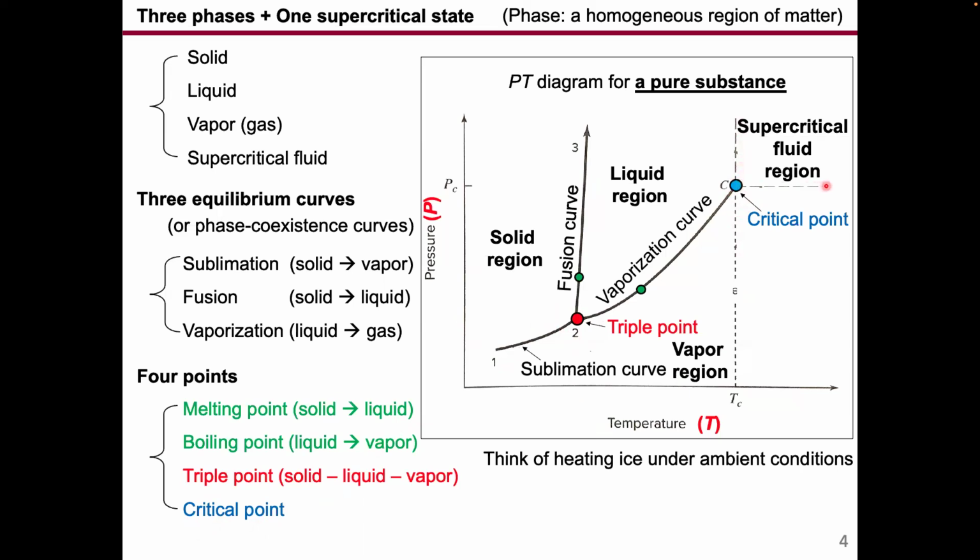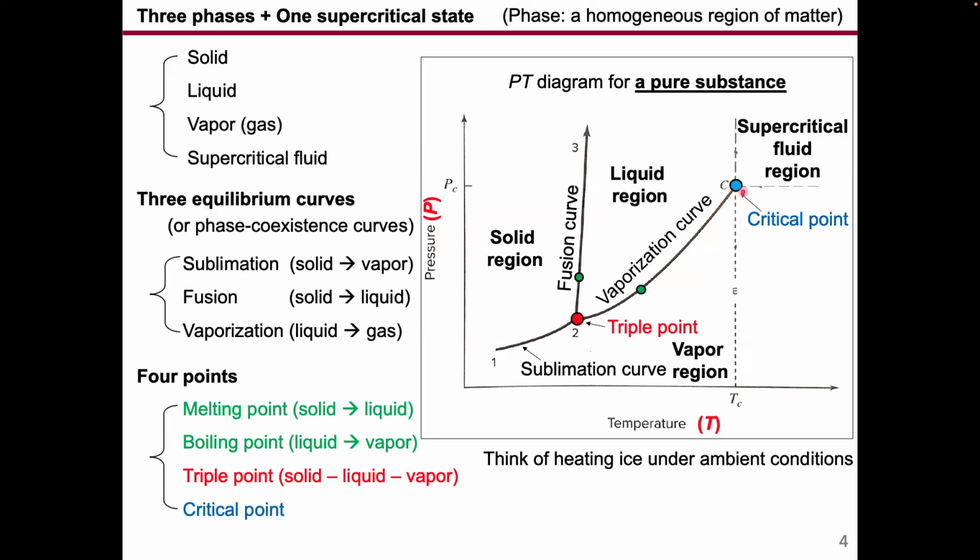The critical point is basically TC and PC for a particular substance. And in the previous lecture, we already learned that for a specific species, TC and PC are usually fixed, so you can look those values up. Also, for a particular species, you can look up the triple point.